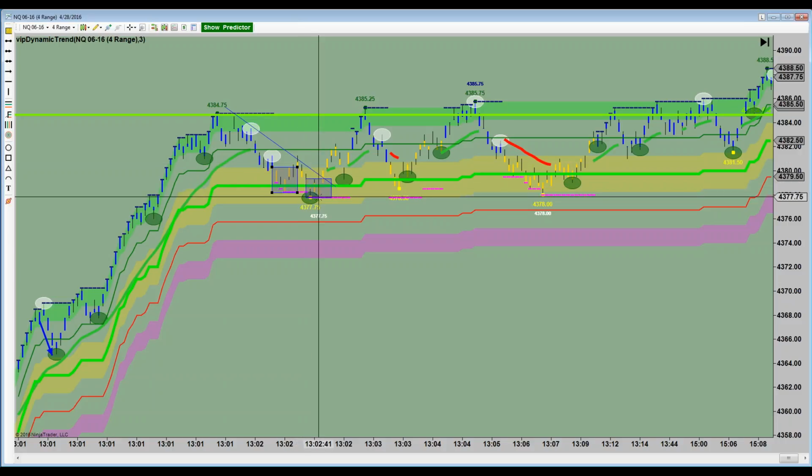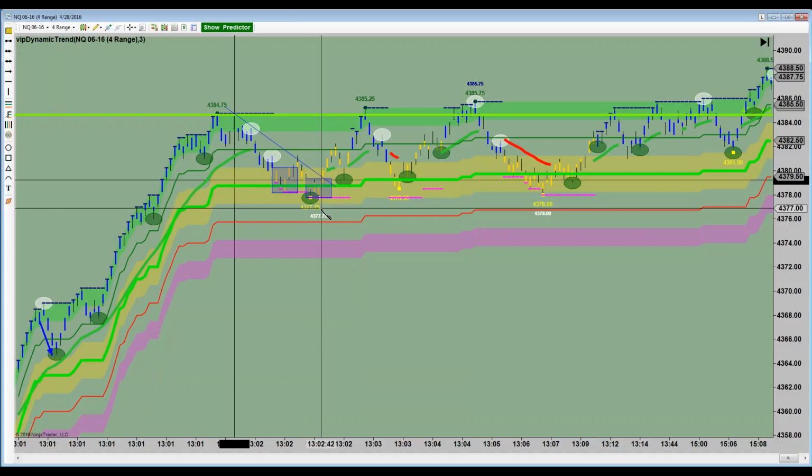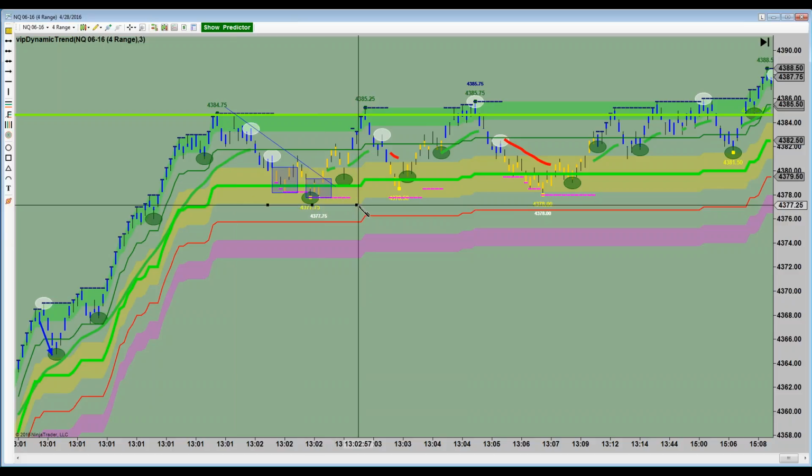So how many ticks is that? That's right about 10 ticks. So your 12 tick initial stop would have been somewhere right down here. So it came close to it, within a couple ticks, but it didn't stop you out.